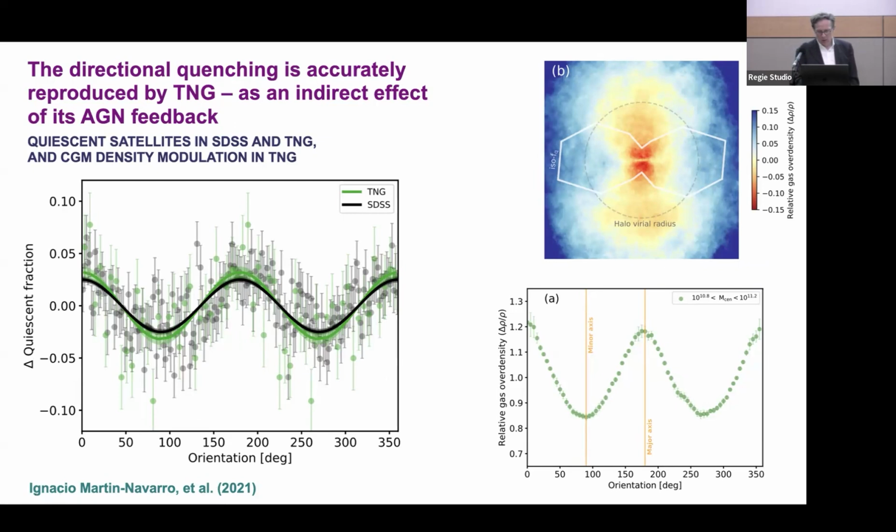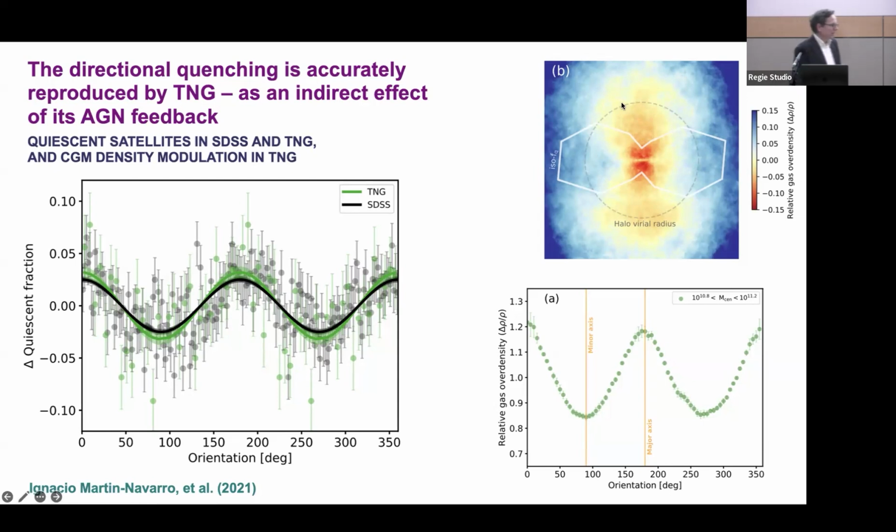And now we argued that this is because of a different distribution of the gas in these systems. Here on the top right, you have a stacked version of the gas distribution in this disk galaxy. The disk is here in the horizontal plane, and where it's blue, the gas is overdense. The red is underdense. That means out in the halo, the gas is less dense.